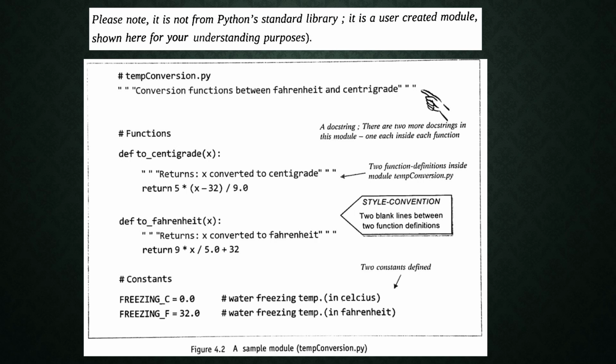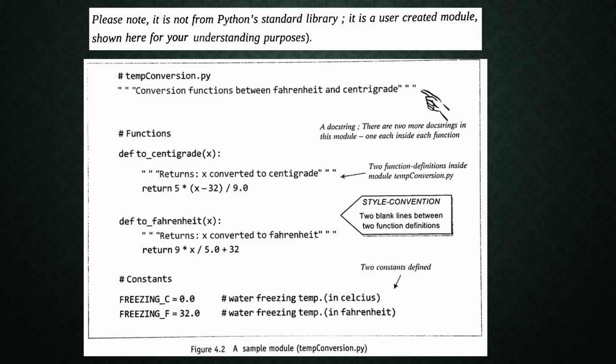But we need to import the file name, temp conversion.py, to make use of these two functions. If you are using the to centigrade and to Fahrenheit functions, it's very important to import that module or file name, temp conversion.py.